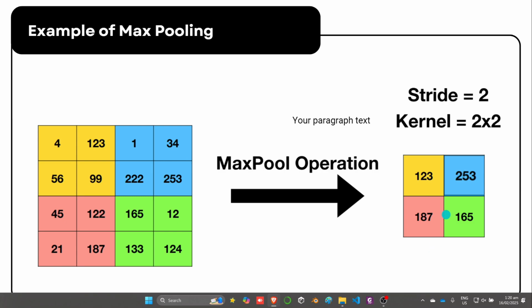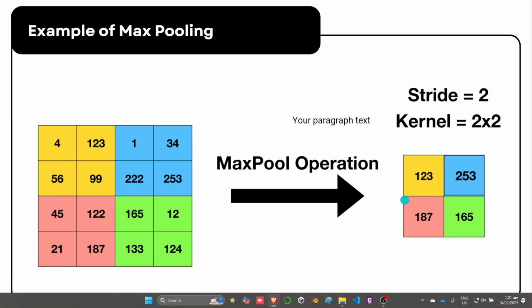This was a 4 by 4 feature map, and by applying the max pool with a 2 by 2 kernel and a stride of 2, we get a 2 by 2 matrix, and that's the output for this one.